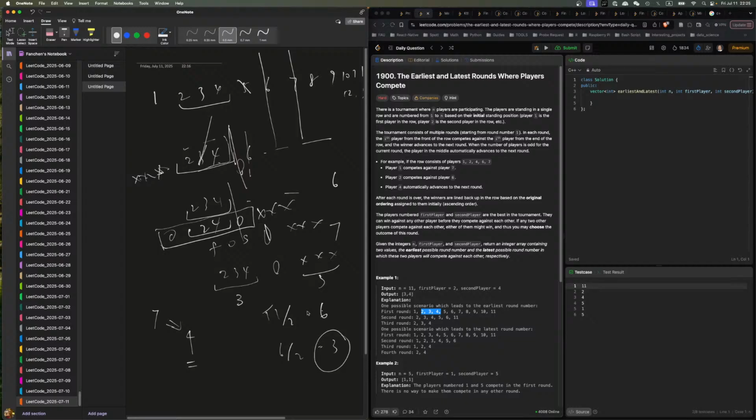You keep dividing until you hit a number that is smaller or equal to the current range. Smaller or equal to the current range. Really? Smaller or equal to? Not necessarily. Right? It depends on how far away this is from the center.